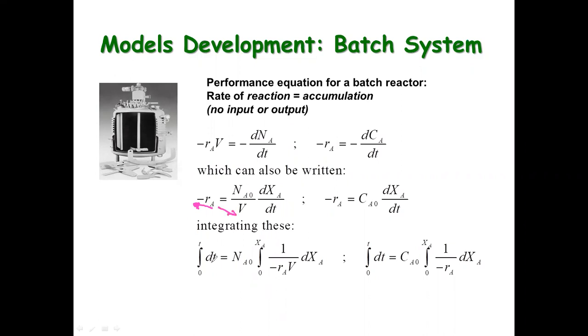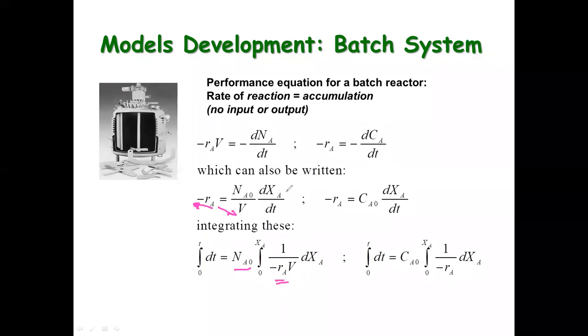So you now have dt, integrated from 0 to t, equated to NA0, which is a constant, times the integral from 0 to XA, from zero conversion to conversion XA at time t, of 1 over negative rAV dXA. So the rA that you had here was transferred here already, together with the V, and then the XA. I'd like to ask a question.